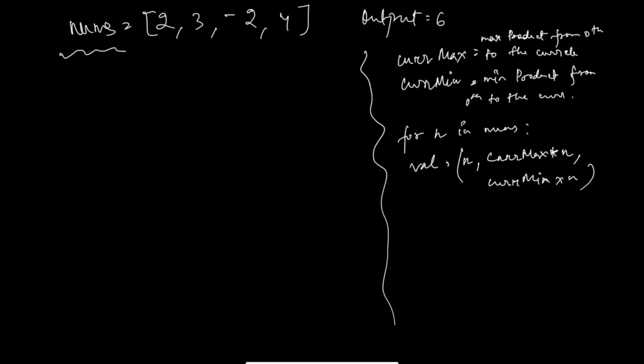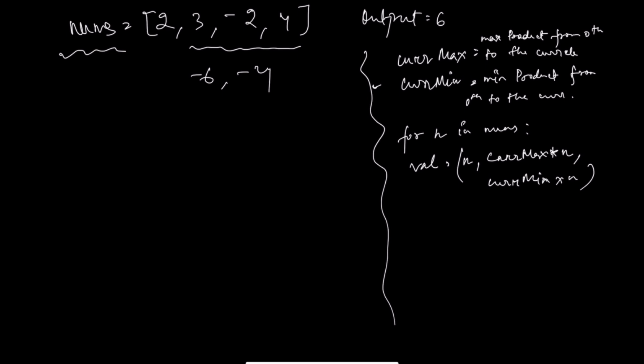For example, if we consider this subarray, it is 3, then minus 2. Let it be, we have got minus 6 as the minimum product. And after that, instead of 4, if we have got a minus 4, then what will happen?